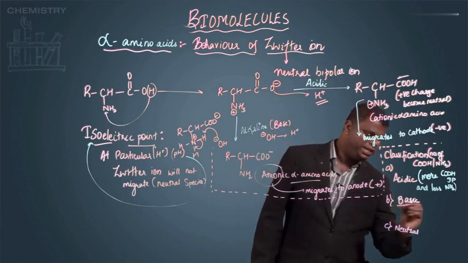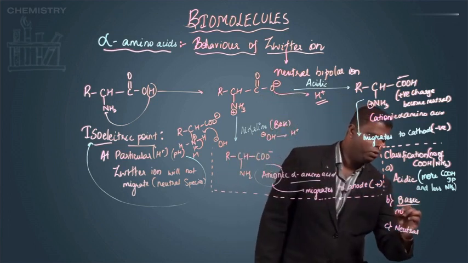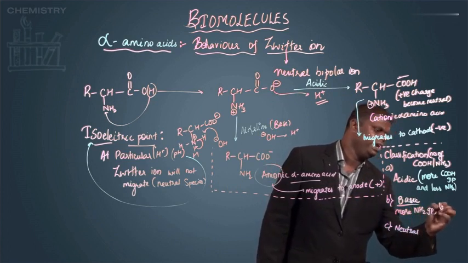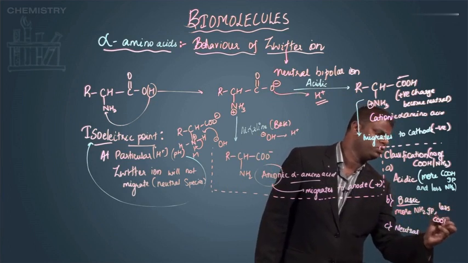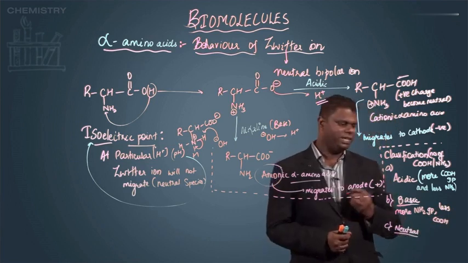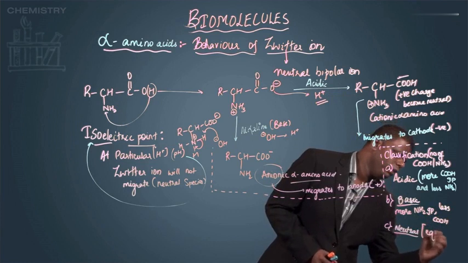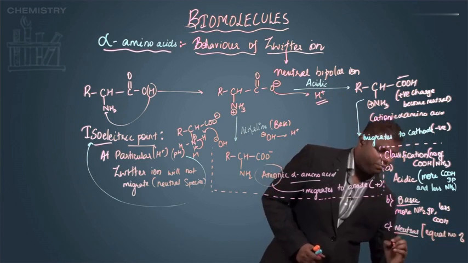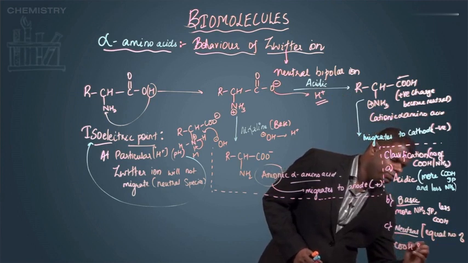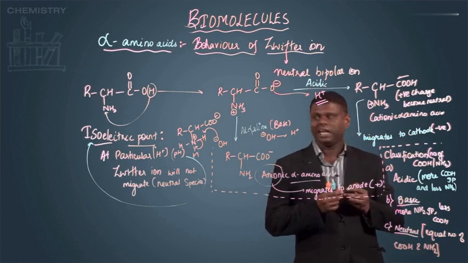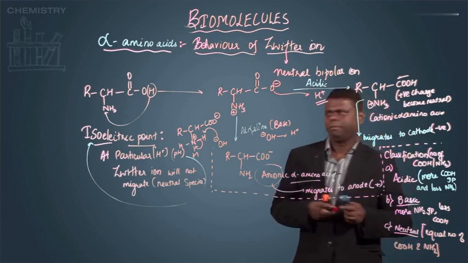In the case of basic, as the name suggests, there will be more NH2 groups and fewer COOH groups as compared to NH2 groups. As the name suggests, neutral alpha amino acids would contain an equal number of carboxylic acid functional groups and NH2 functional groups. Okay, so this was about the classification of alpha amino acids.